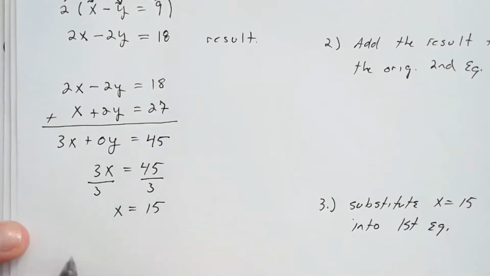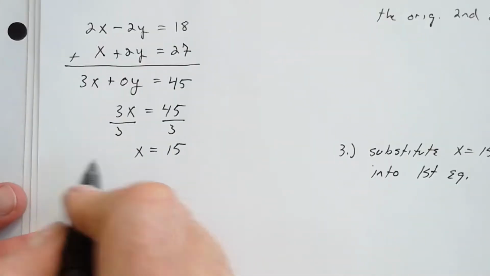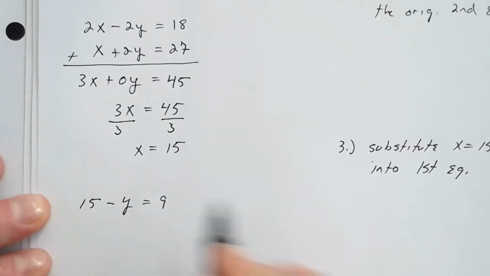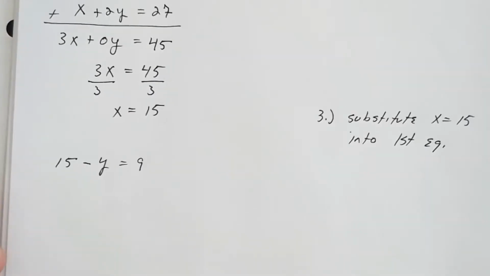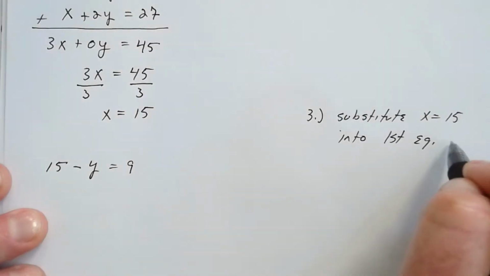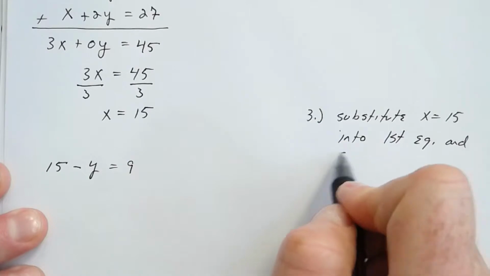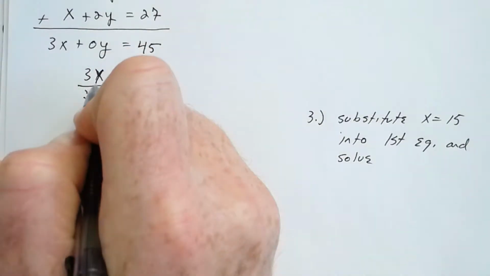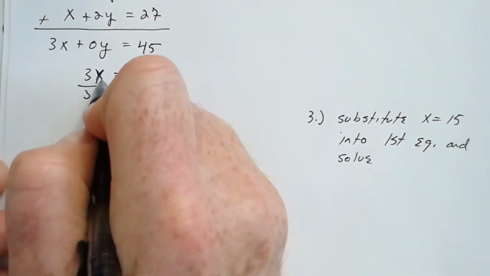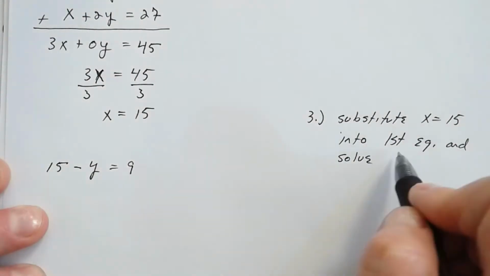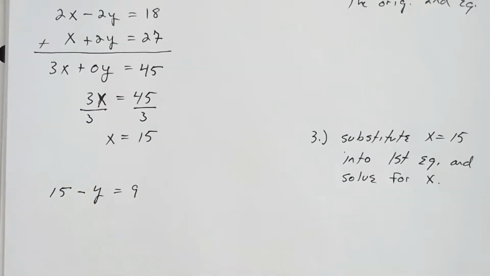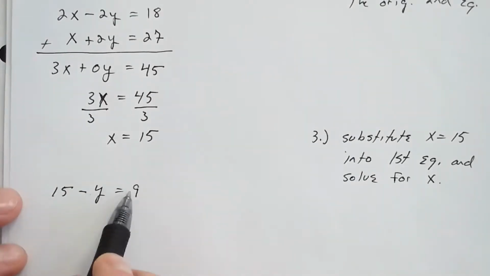And that will give us 15 minus y is equal to 9.